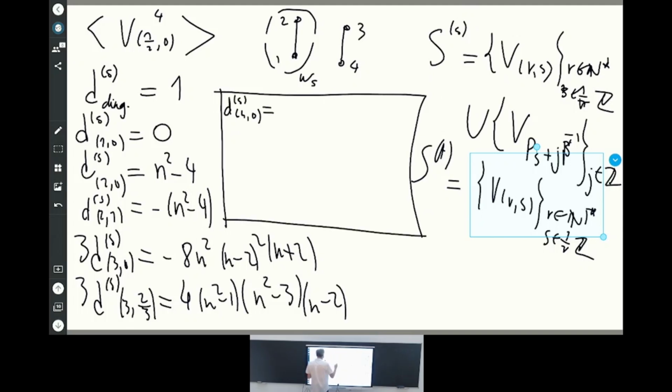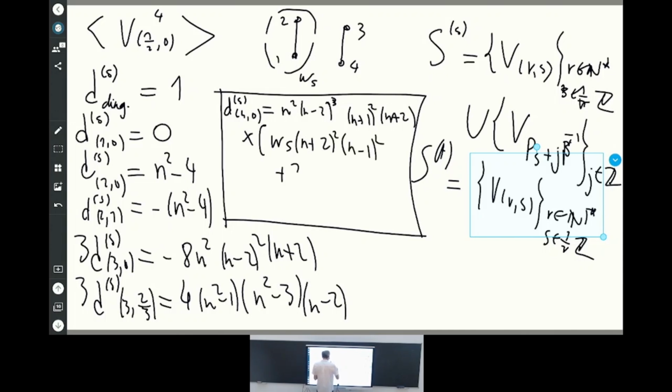D_S(4,0) equals n squared (n minus 2) cubed, sorry, it's a cube, (n plus 1) squared (n plus 2) times, now we have our dependence on Ws, which is linear, (n plus 2) squared (n minus 1) squared Ws plus 2 n to the 4th minus 6 n squared minus 8n plus 16.